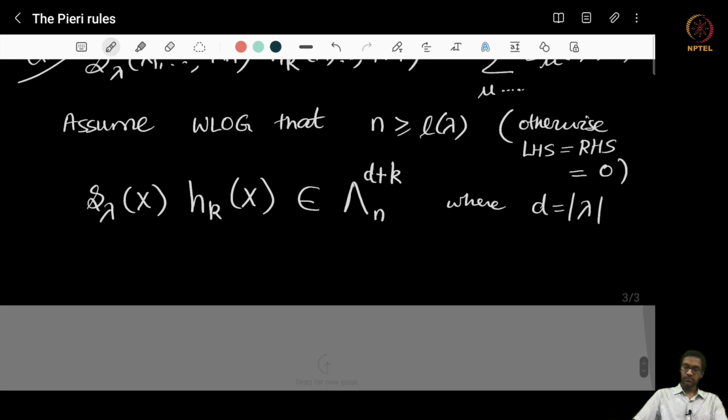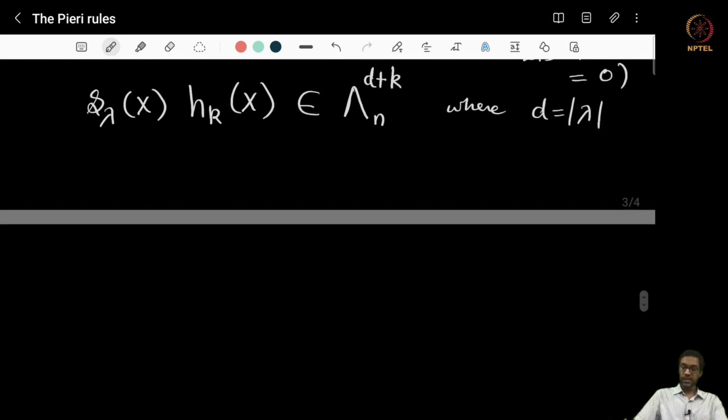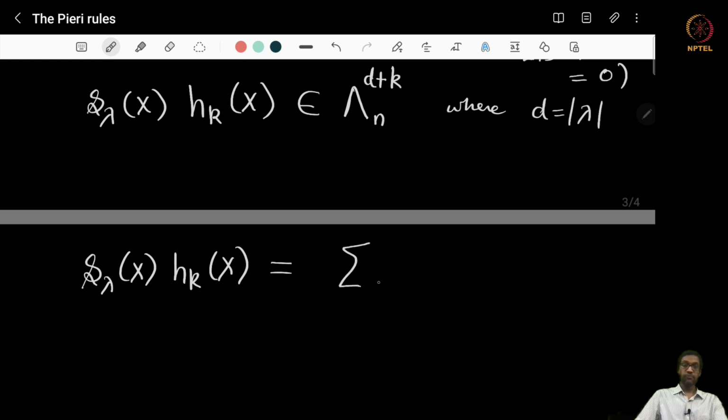That means, from what we just proved previously, that any symmetric polynomial in n variables of a given degree is necessarily a linear combination of Schur functions of that degree. So this can be written as some linear combination of C mu S mu.